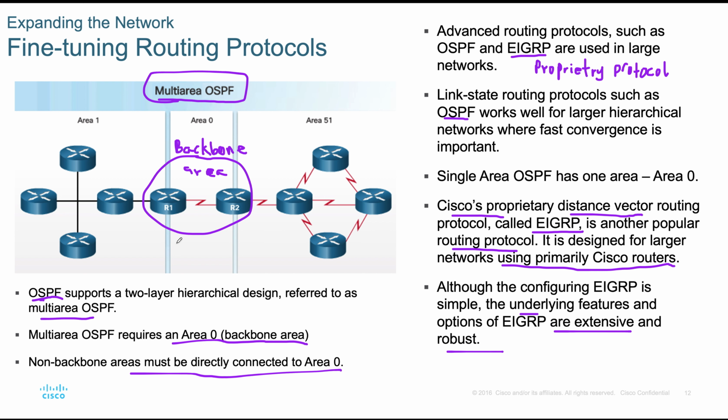EIGRP. EIGRP stands for Enhanced Interior Gateway Routing Protocol, a distance vector routing protocol, whereas OSPF, which is Open Shortest Path First, is a link state protocol. These two protocols are used for routing on our network.